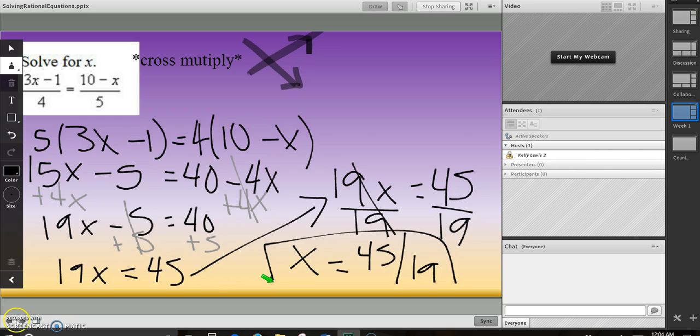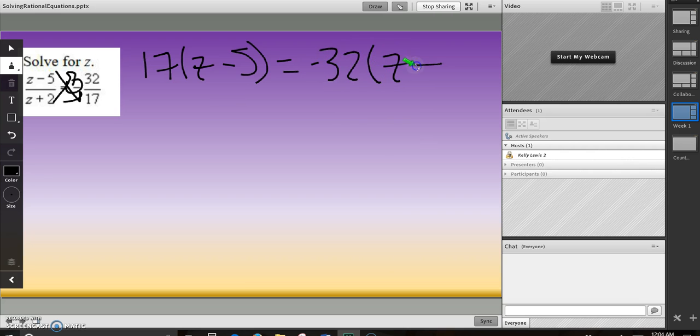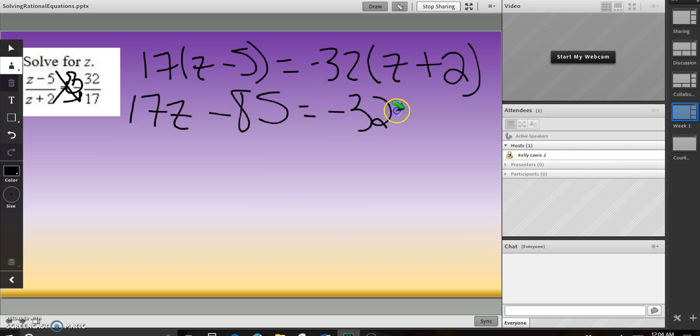All right, let's do another one just like that. So cross multiply: 17 times (z minus 5). Leave this negative sign with the top number: negative 32 times (z plus 2). Now distribute that 17. 17 times z, and 17 times 5 is 85. Negative 32z. Negative 32 times 2 is negative 64.